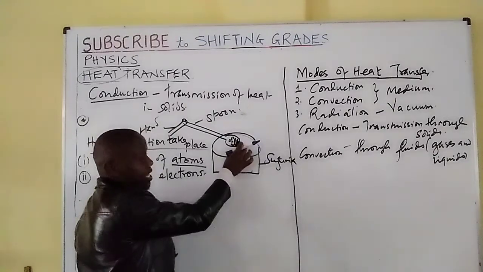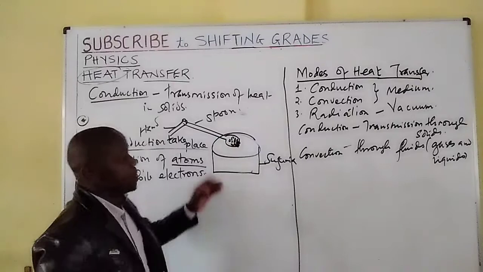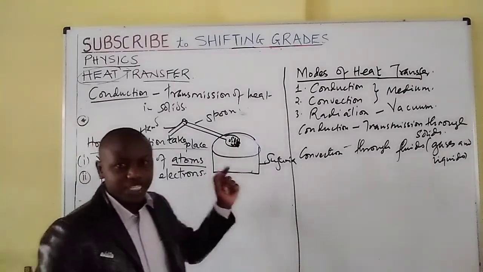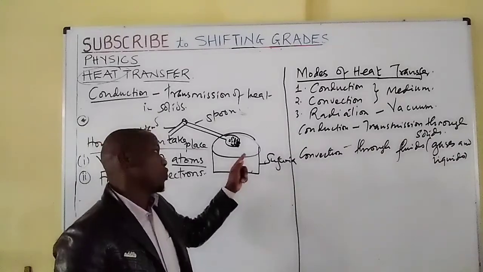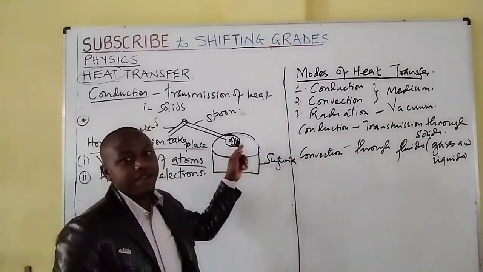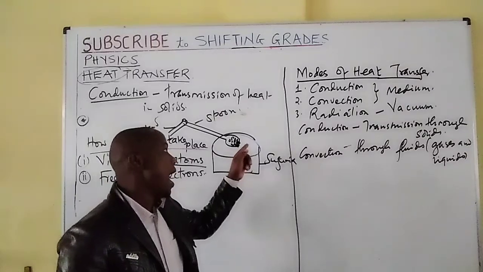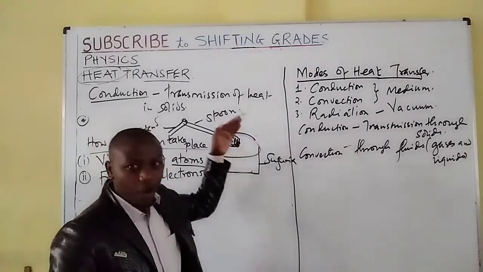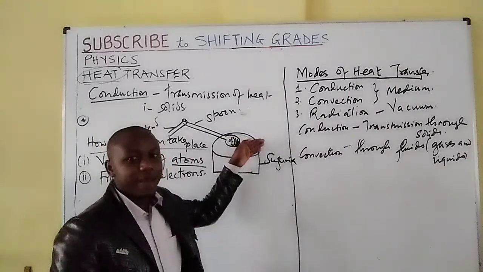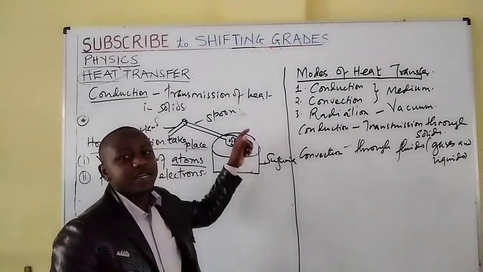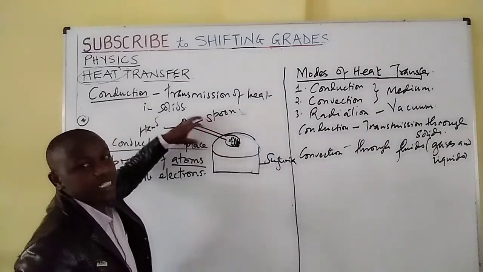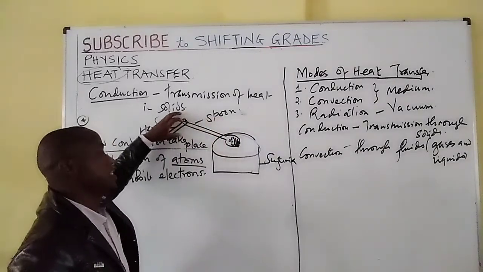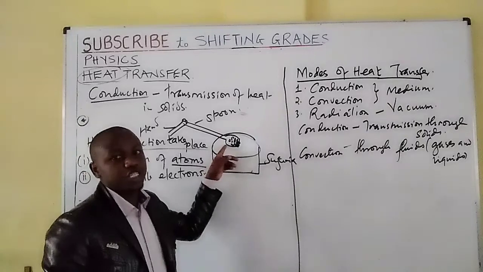Because the molecules in a solid are closely packed together, as they vibrate, they affect the neighboring ones, and the neighboring ones affect those next to them, and the trend continues until the whole solid is affected by the vibration caused here.